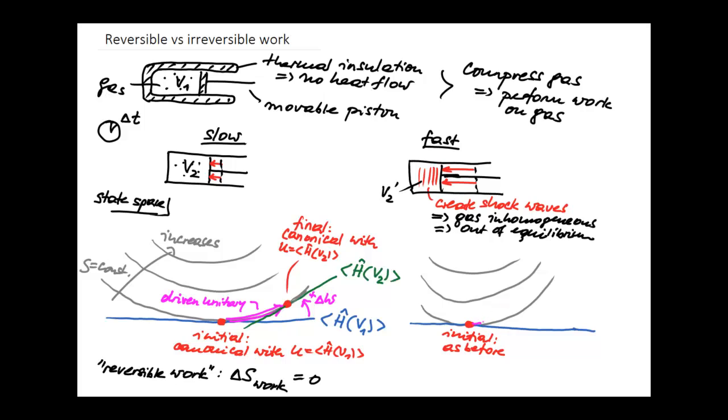Let's say it moves a lot further away because you compress much more than before, and it moves to this state here. The difference to the first scenario is that this is now no longer an equilibrium state. What happens next?